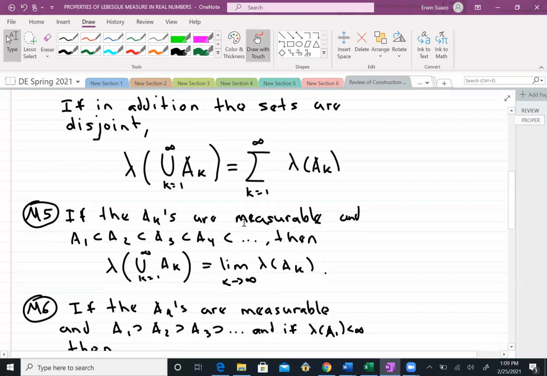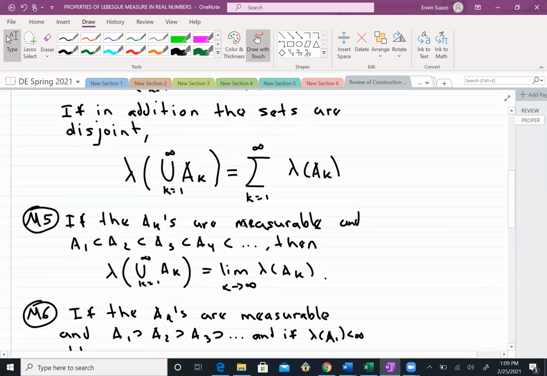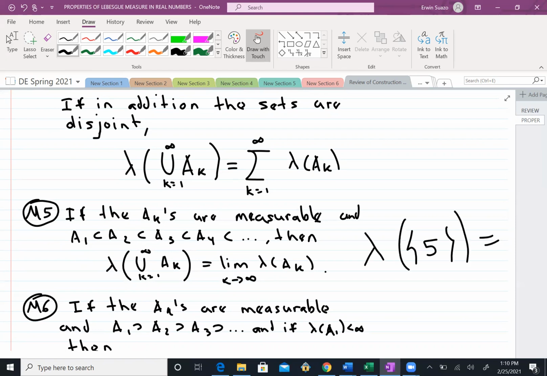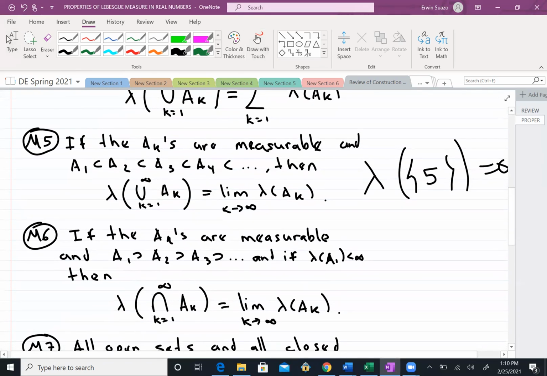So why are these properties important? For example, use these 4 and 5 to prove the following. How would you prove that the measure of the number 5 is 0? You have to use, for example, property 5 or property 6.